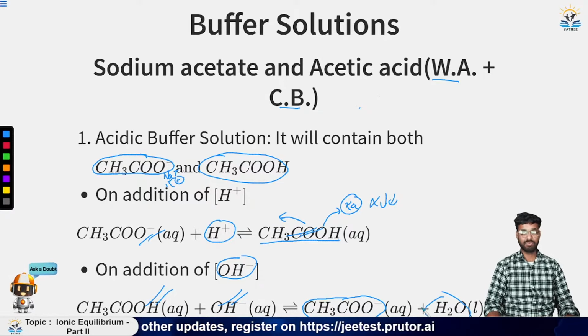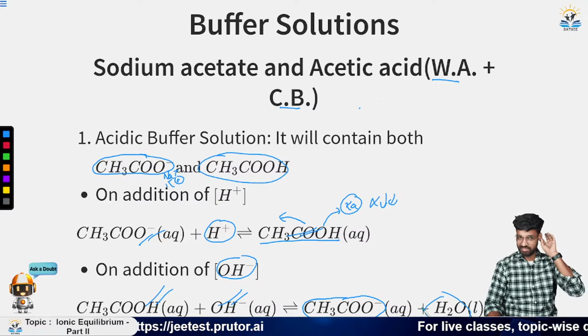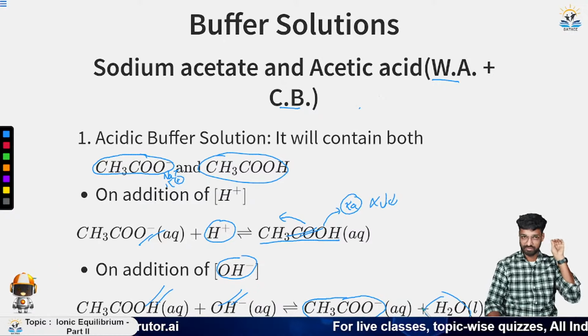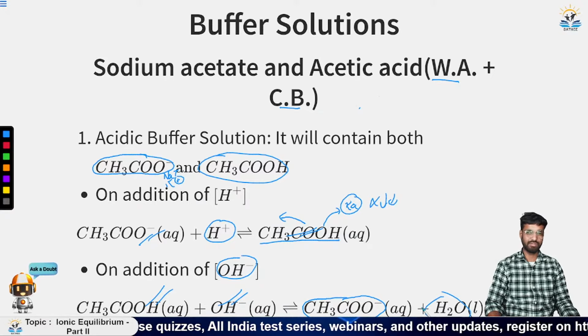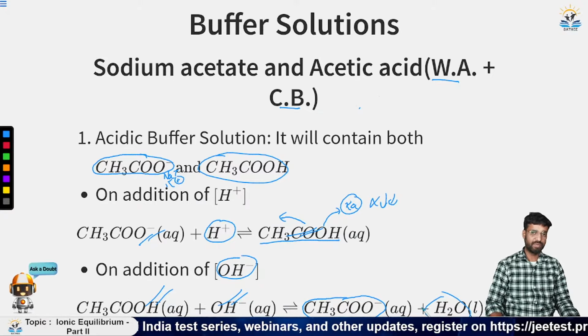Since it is consumed completely by the acetic acid, we will not see any change in the pH on addition of OH minus. In this way, a weak acid and its conjugate base help in controlling the pH of the given solution, and they act as a buffer for the solution.